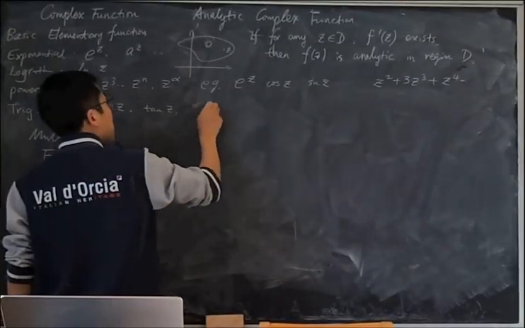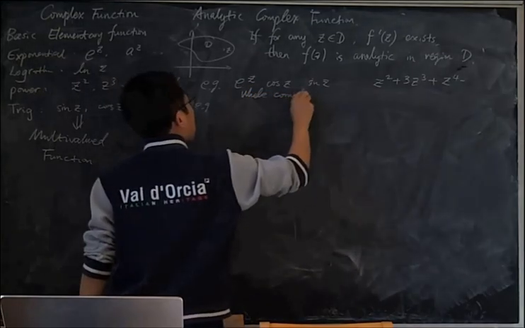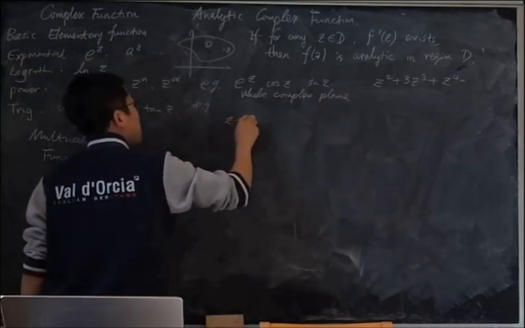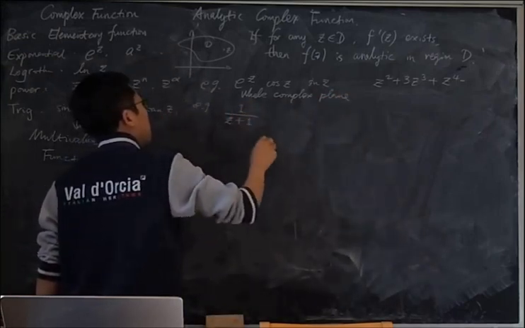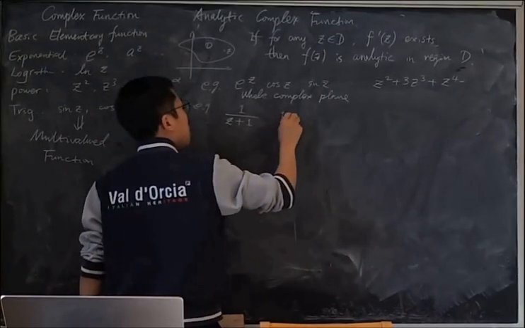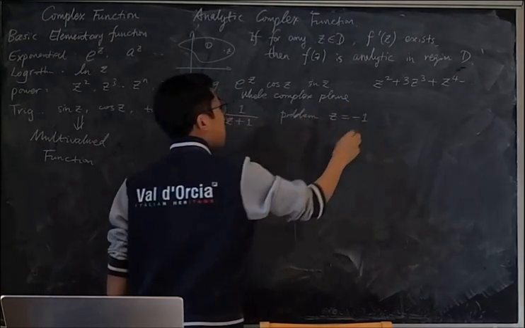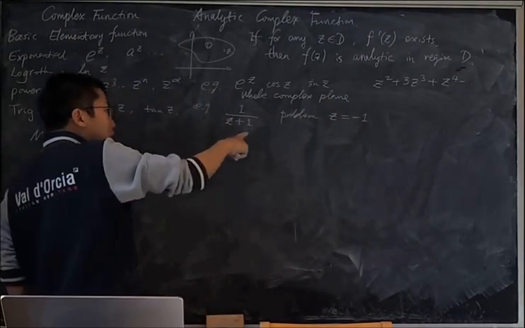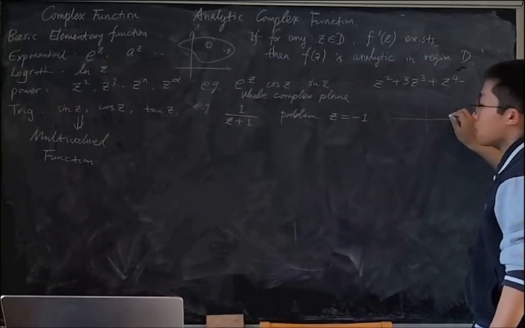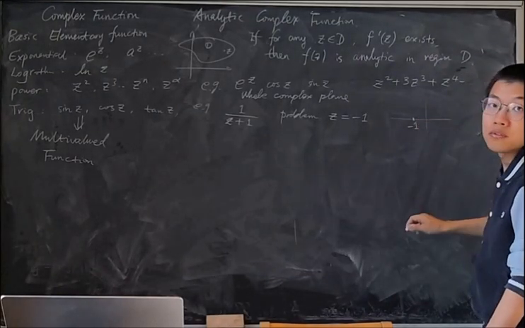But if we talk about, for example, 1 over z plus 1, then obviously a problem occurs at z equals negative 1.